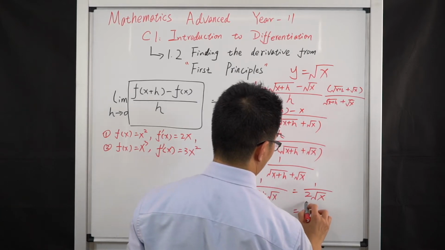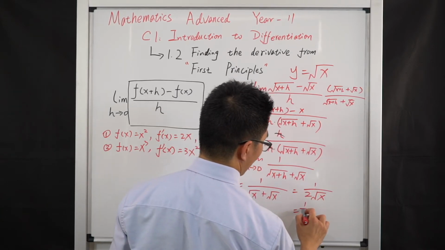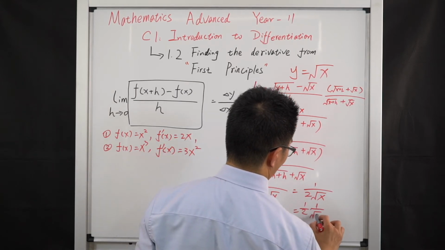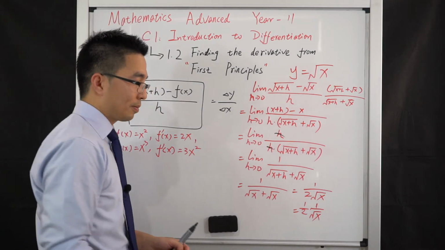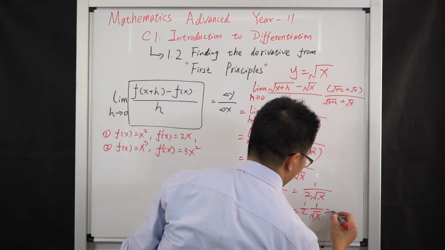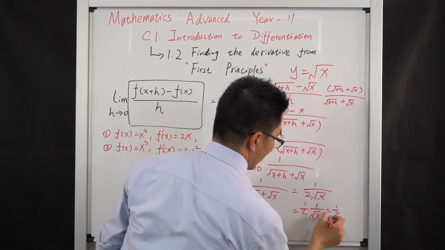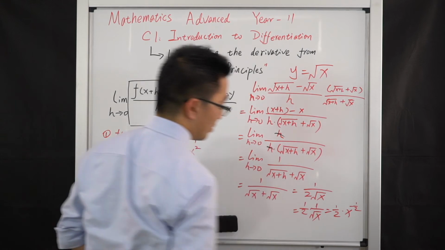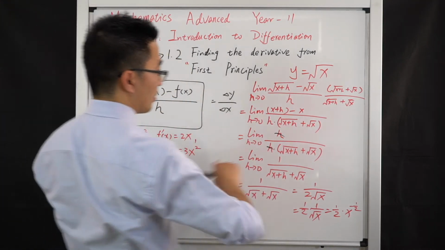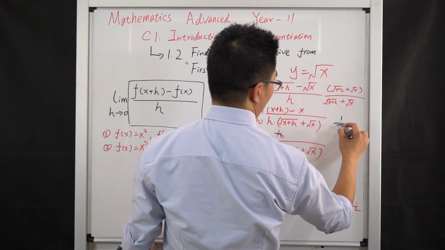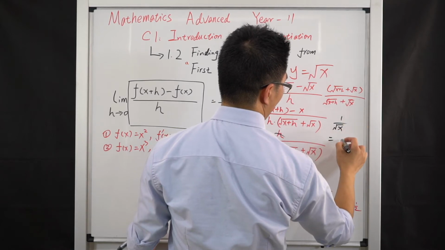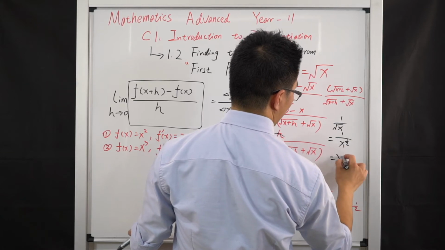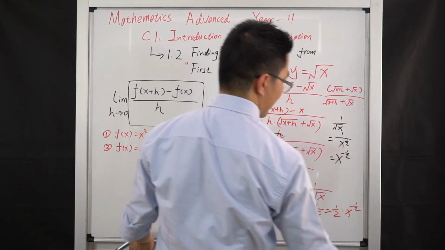Or we can bring the 1 over 2 outside and then times 1 over the square root of x. Also, we can change the form a little: 1 over 2 times x to the power of negative 1 over 2, because 1 over the square root of x equals 1 over x to the power of half, which equals x to the power of negative half.